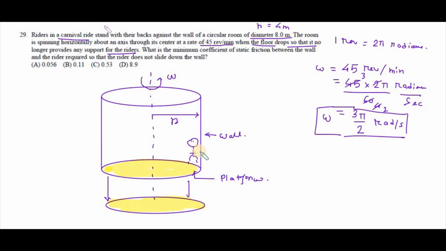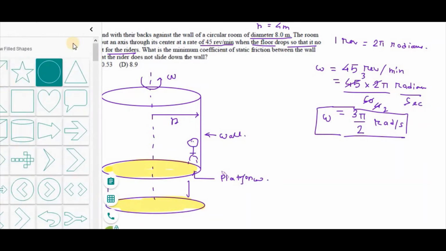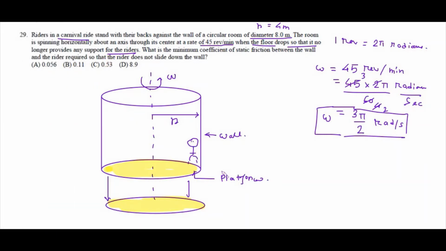Now let's define the forces, that is, why the person is not falling down. The person is still rotating with this rotating cylindrical ride. If we draw the free body diagram, the person has mass, so the gravitational force Fg is exerted in the downward direction. Since the person is in contact with the wall, the wall provides a normal reaction force perpendicular to the wall.